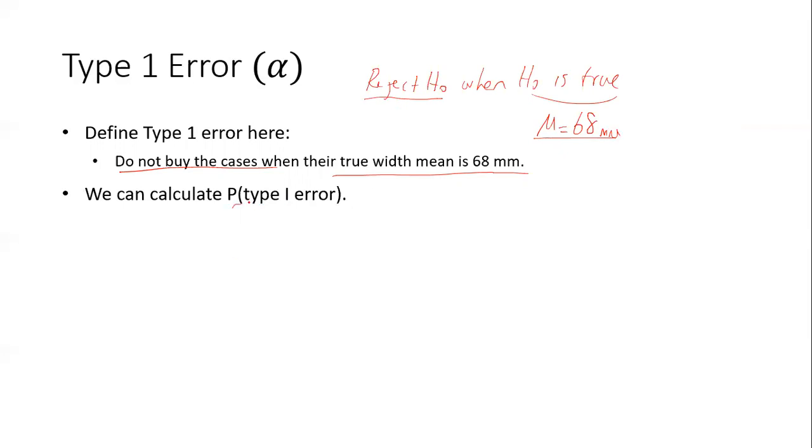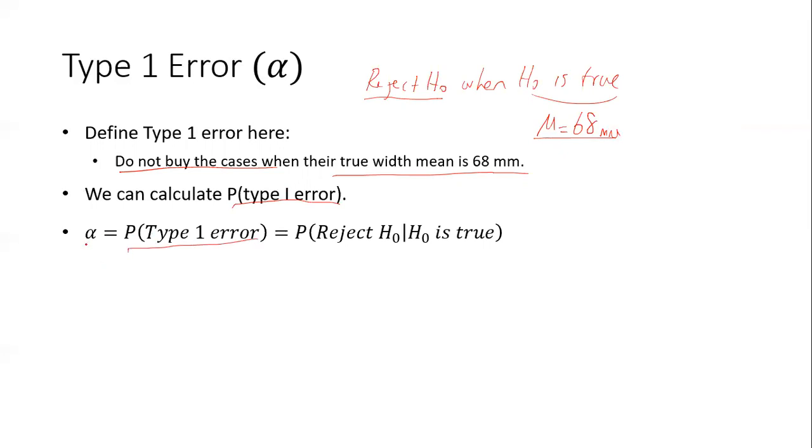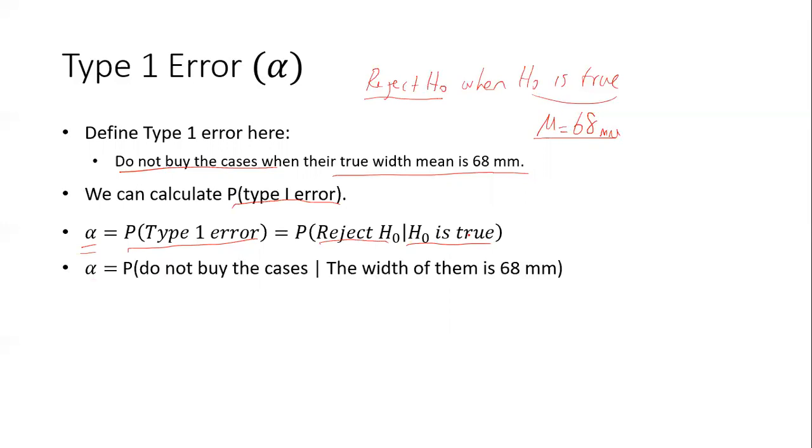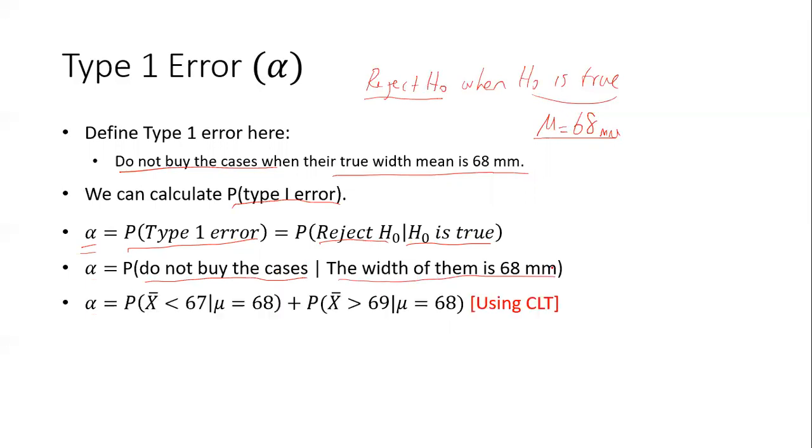Now calculate the probability of this type 1 error. Recall, we just call this alpha. This is equal to the probability of rejecting H0 given that H0 is true. Rejecting H0 means that you do not buy the cases given that the width of them is 68 millimeters.